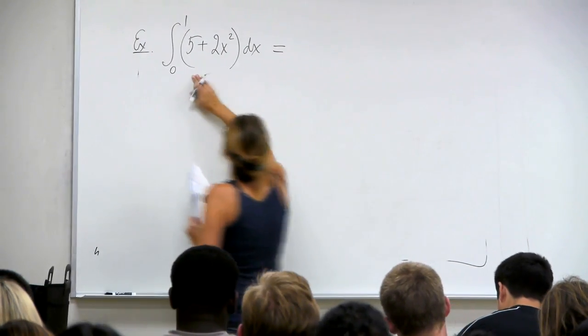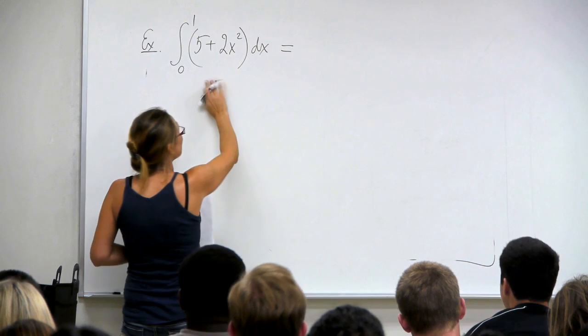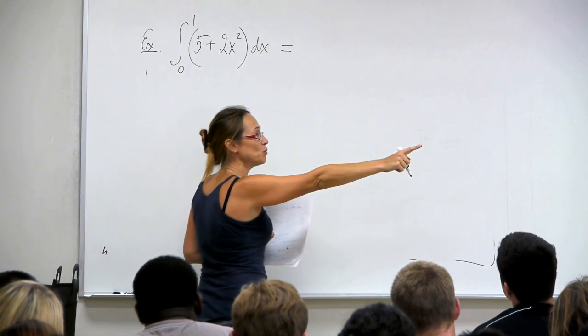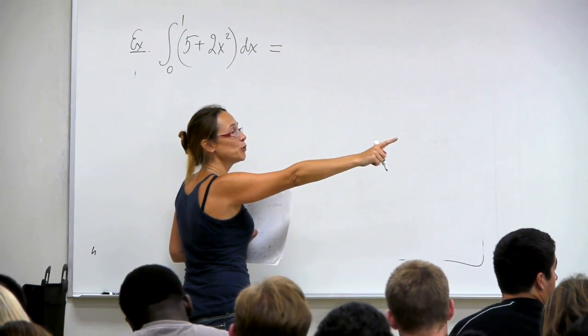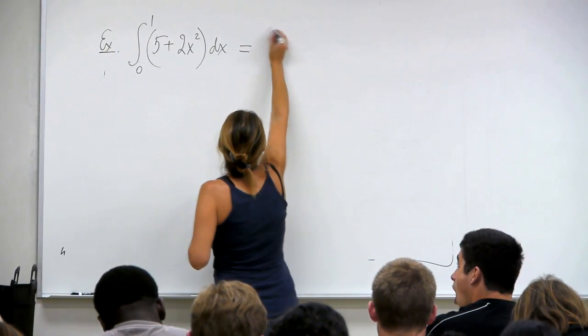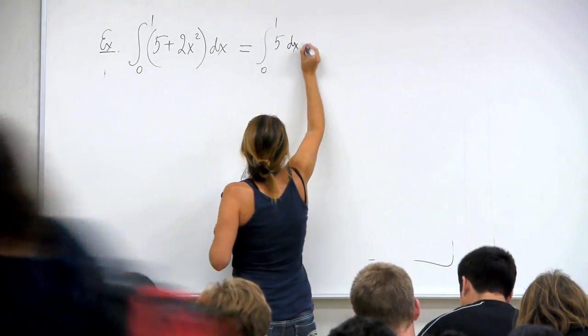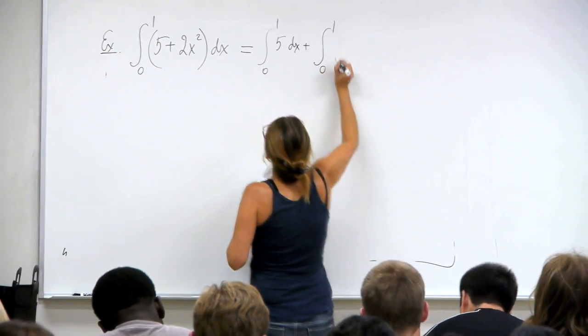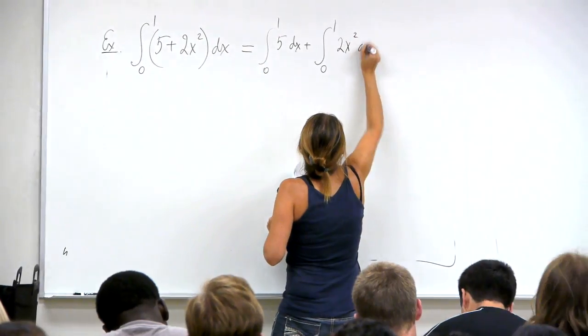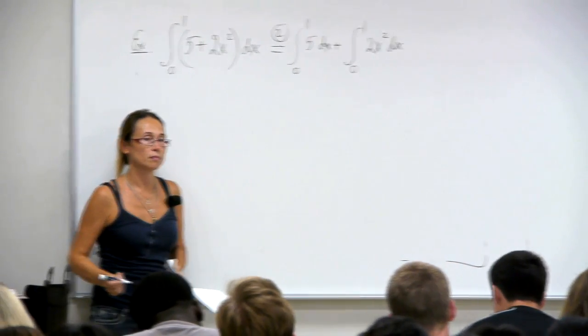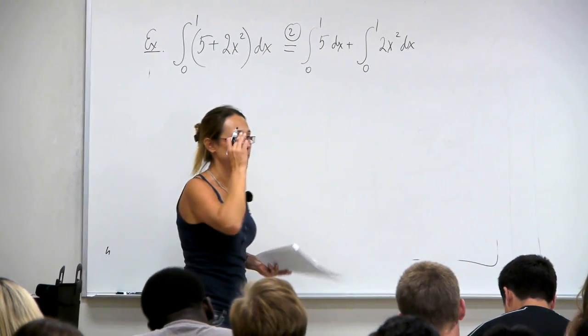So we notice that the integrand is a sum of two functions. So by rule number 2, I'm going to present it as the sum of two integrals. So this is rule number 2. I can evaluate them separately.